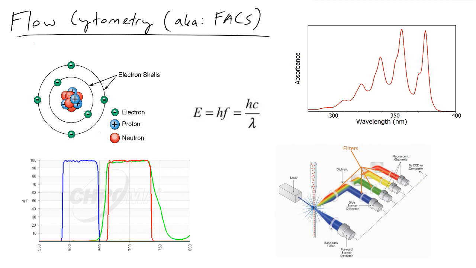And so if we were to consider a photon of a particular wavelength coming in and striking this electron here, what will happen is we are going to see this electron jump up into a new energy state and then relax down into its previous energy state.